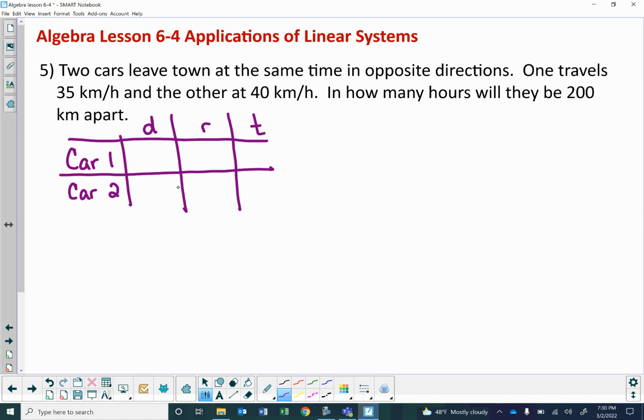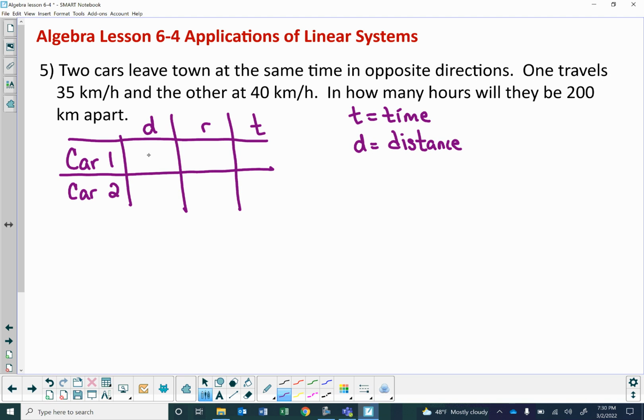I know what rate they're traveling at, and I don't know what time. So I'm going to let t equal time. And I'm going to let d equal distance, even though you might say, but I know the distance. Now we need to find out what distance each car is traveling. And we know the total distance will be 200 kilometers.